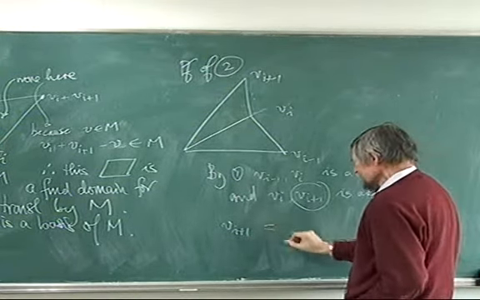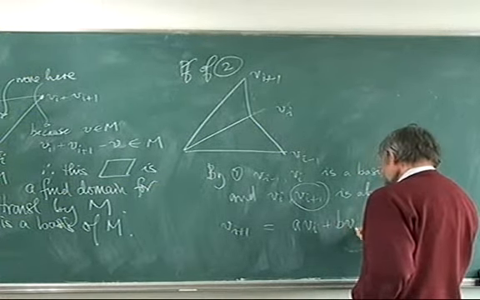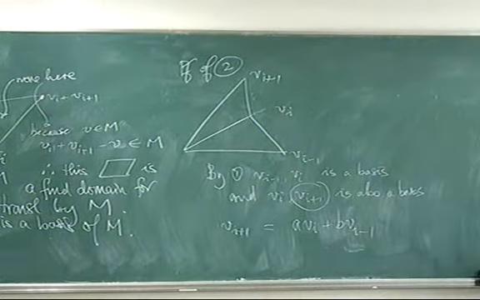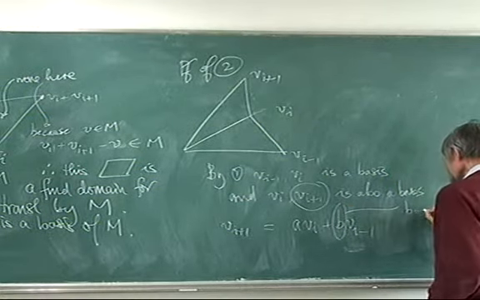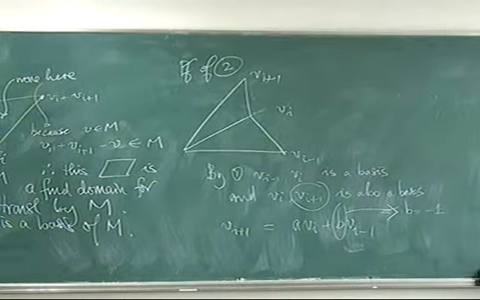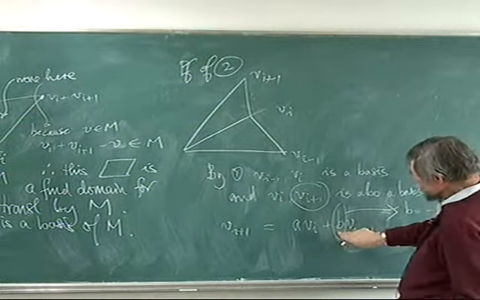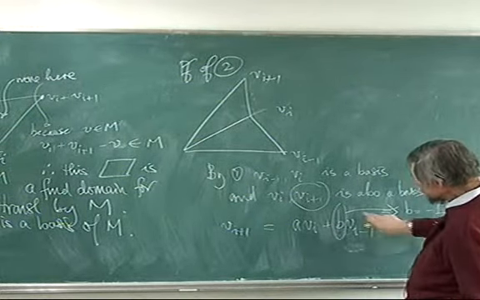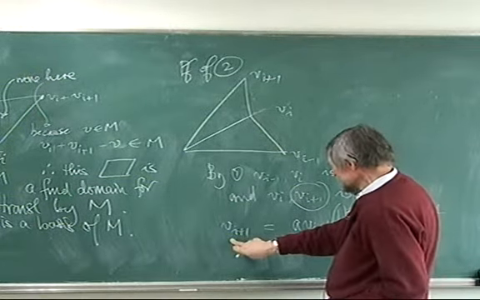So it's got to be of the form a times v_i plus b times v_{i-1}. Right, but then this b must be minus 1. There's basically no choice about this, because I want to be able to go back and make v_{i-1} as a linear combination of v_i and v_{i+1}.